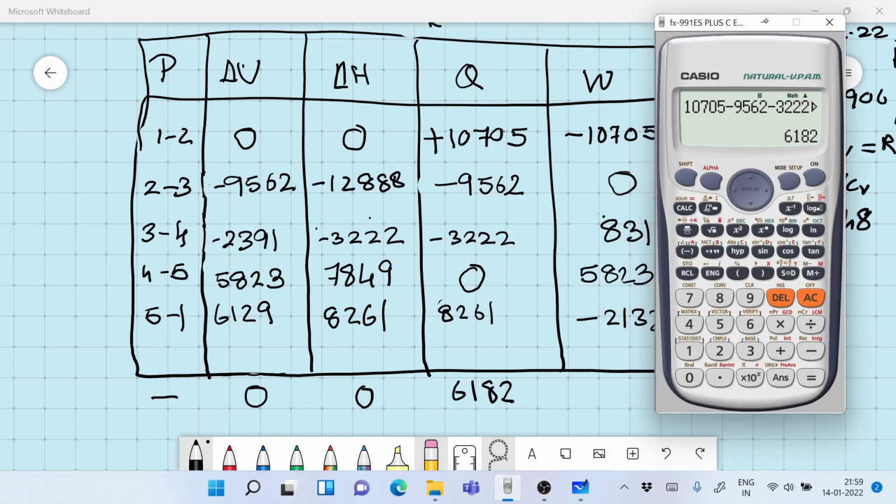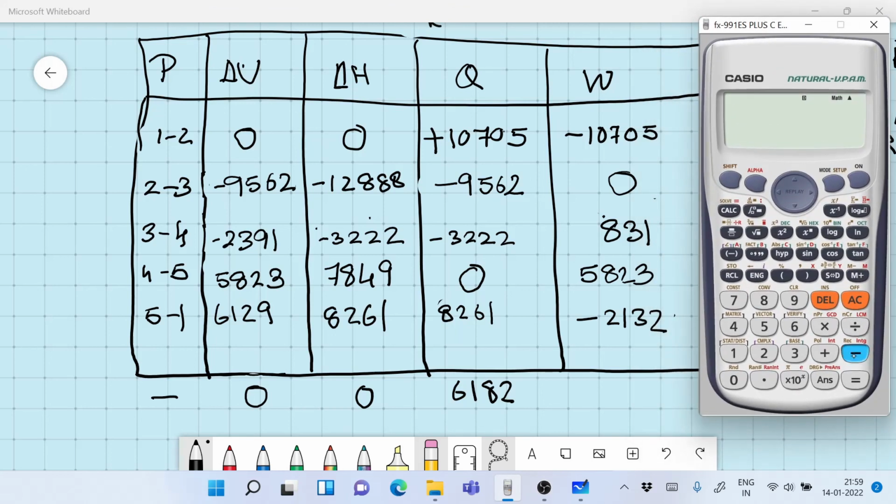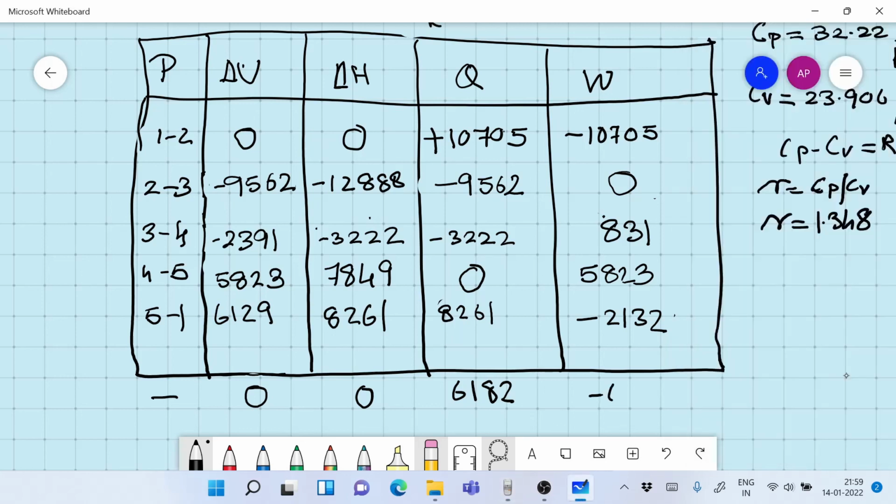Now let's add up all the work. That's minus 10,705 plus 831 plus 5,823 minus 2,132, and we get it as minus 6,183.